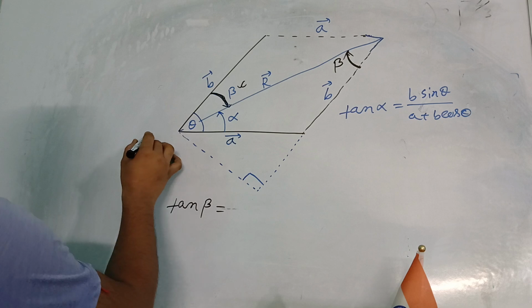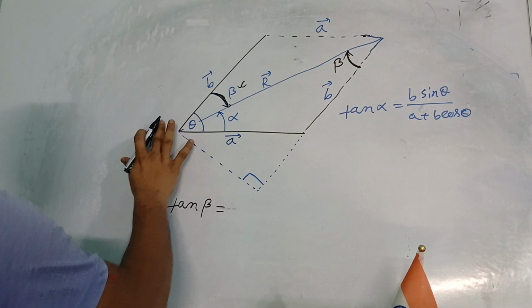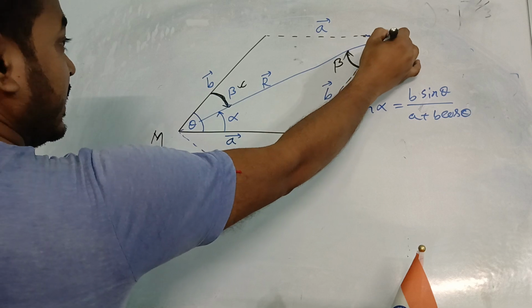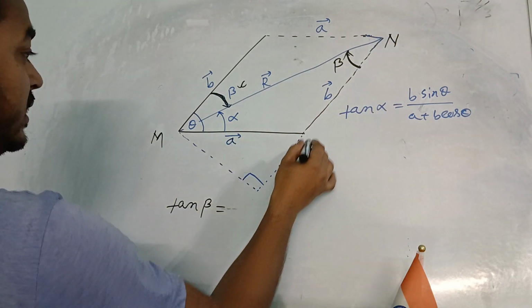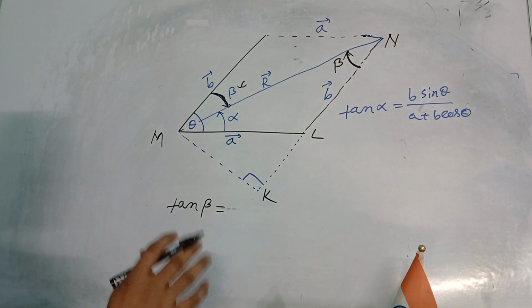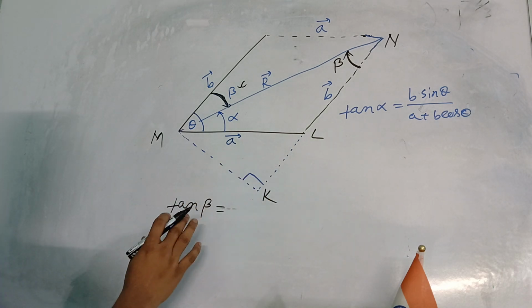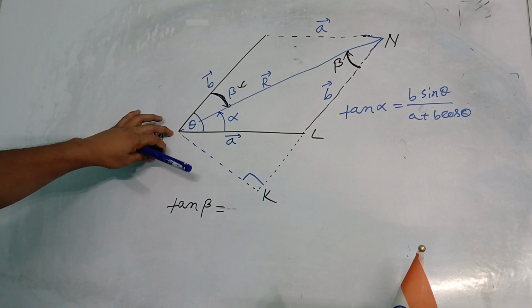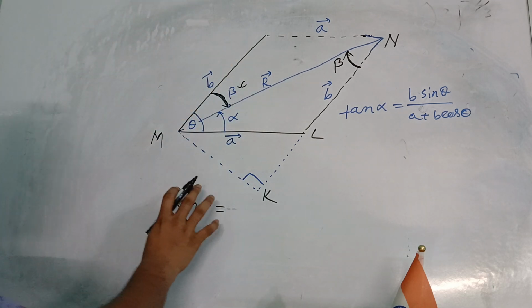So let me write here once again. No need to write A, so write here M and here N, and I am writing here L, I am writing here K. So just concentrate here, this is the process, don't get confused whether it is written M, N, L or K, just names of the points are given. So tan beta we can write what?